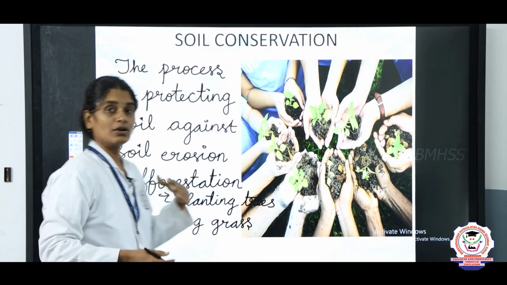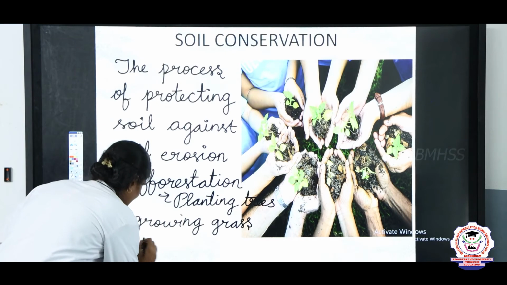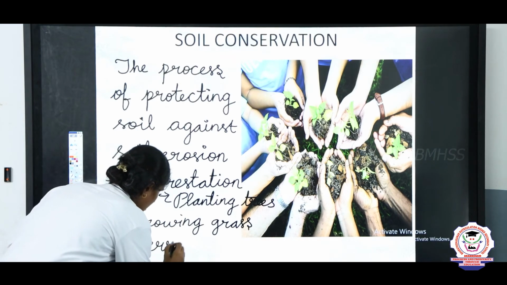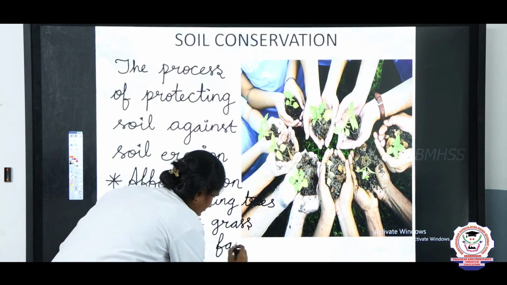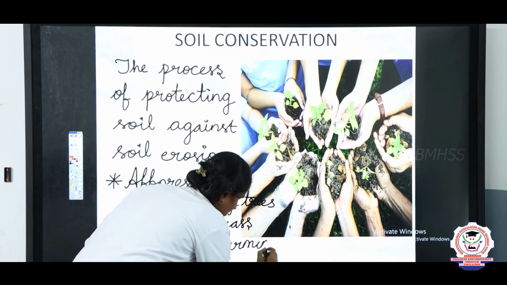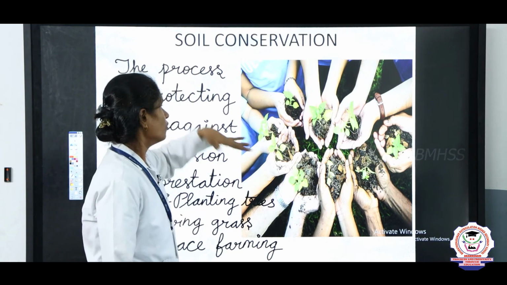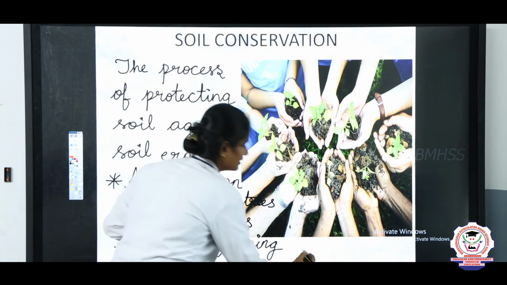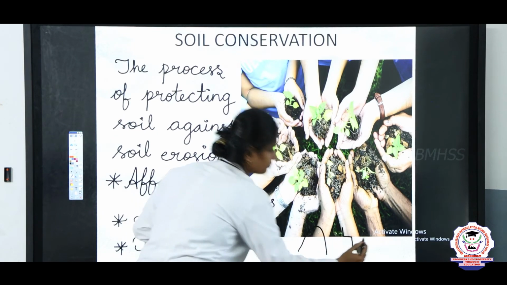And also we can prevent soil erosion in the hilly areas by terrace farming. T-E-R-R-A-C-E, terrace farming. Terrace farming is nothing but, mostly in the hilly areas, you can see they build step-like farming.